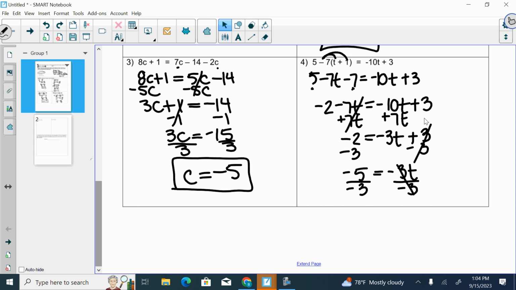So what would be our simplified fraction? 5/3. So it would just be positive 5/3 because two negatives make a positive.